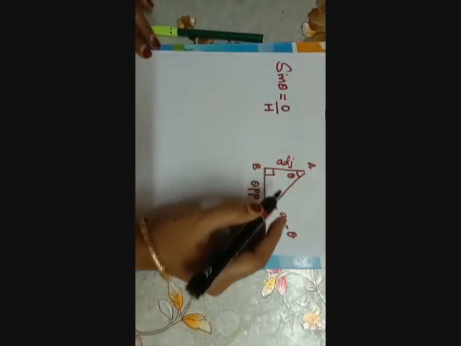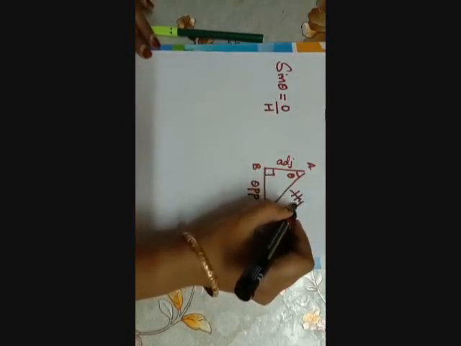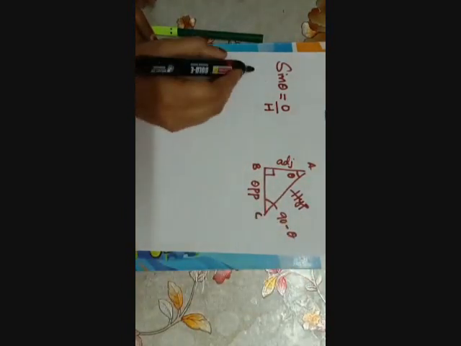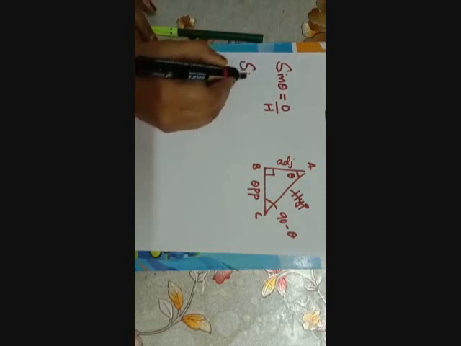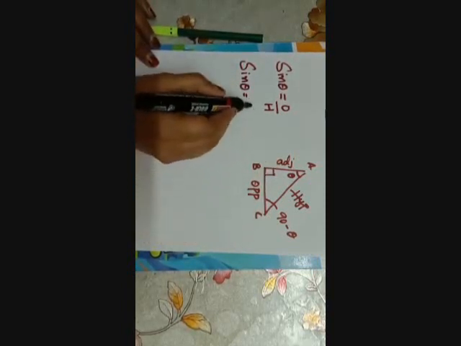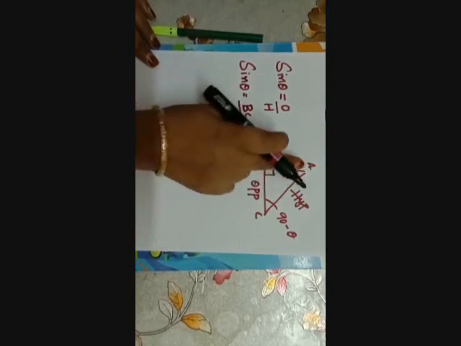And the side opposite to 90 degrees is the hypotenuse. So what is sine theta? O by H. O is BC and H is AC.